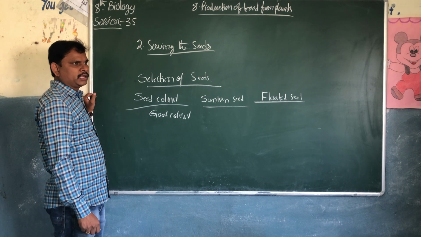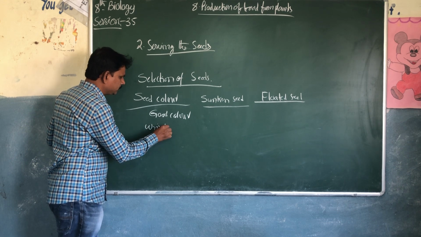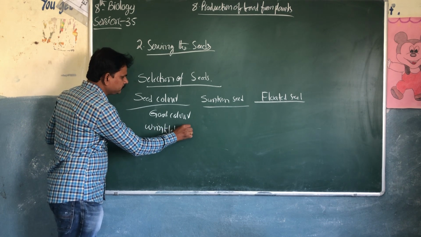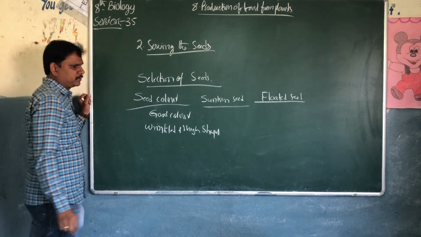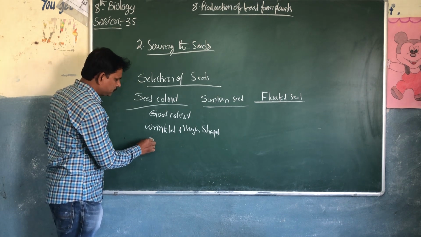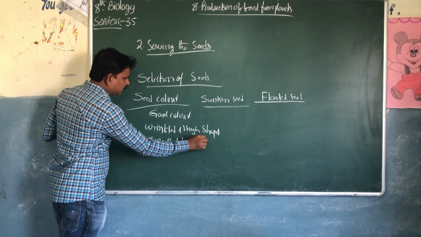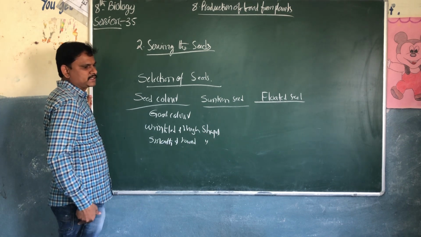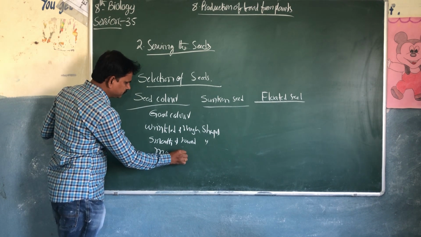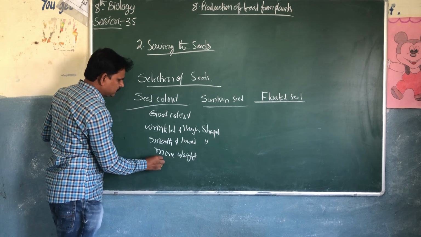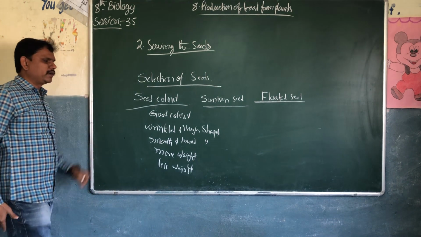Then wrinkled and rough shape, versus smooth and round shape. And more weight, versus less weight.